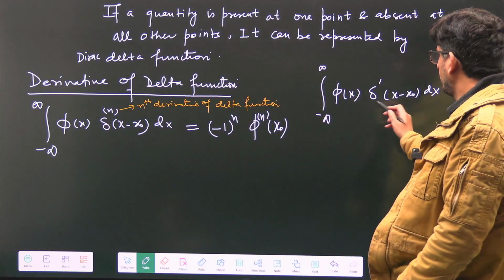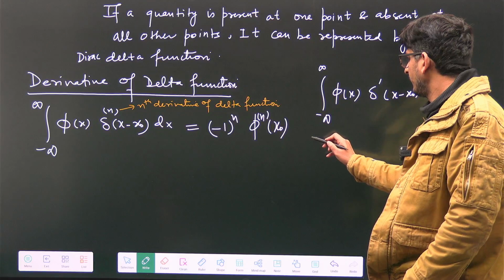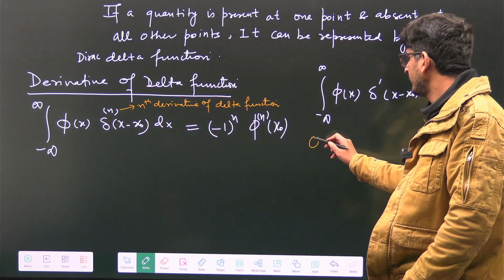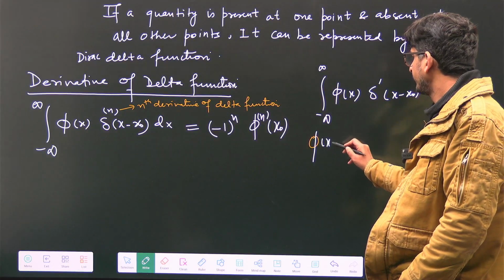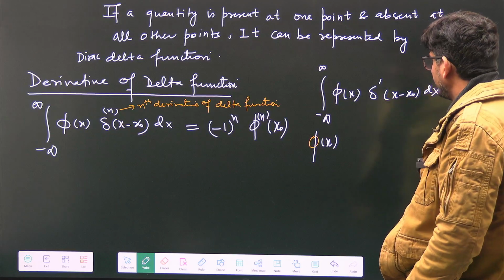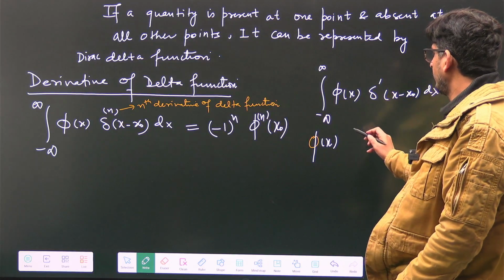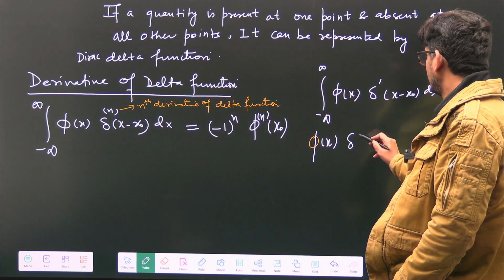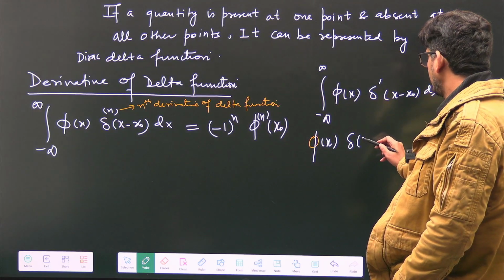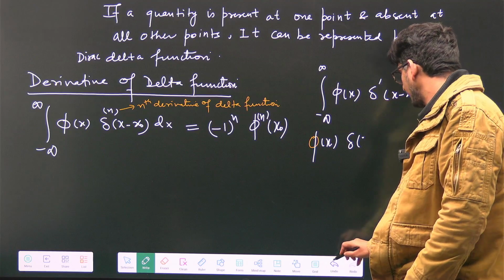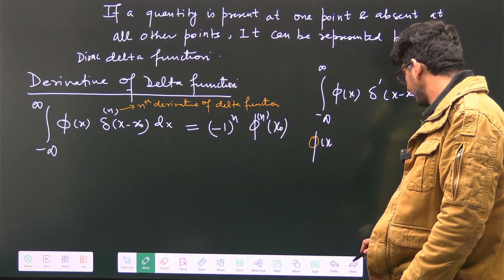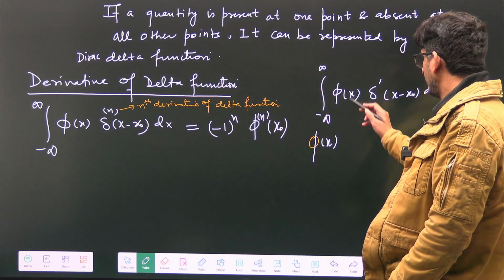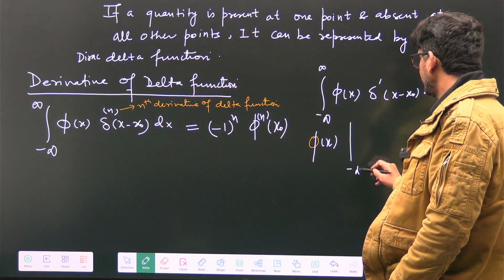If two functions are there, we do it like this, na? First function, integration of second, which is delta, which is 1, and you will put limit to this, na?